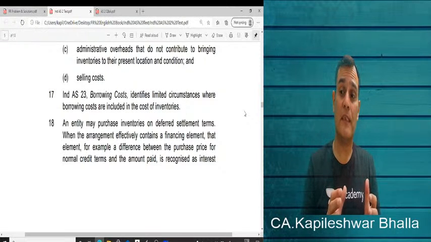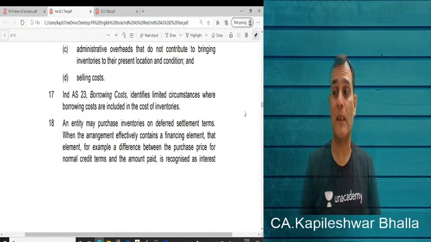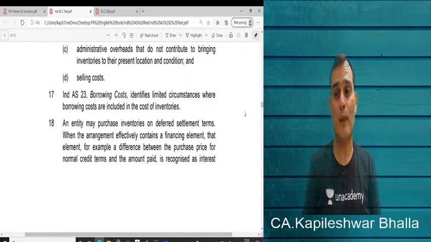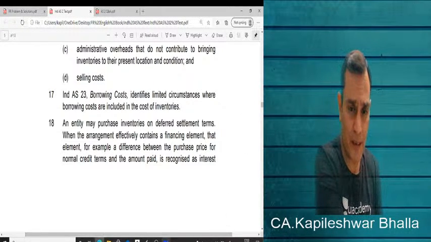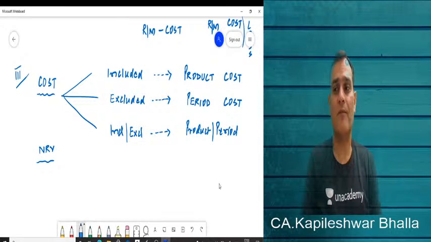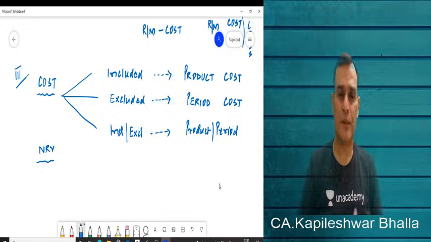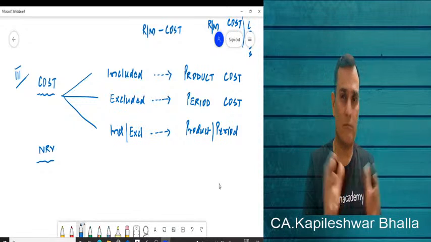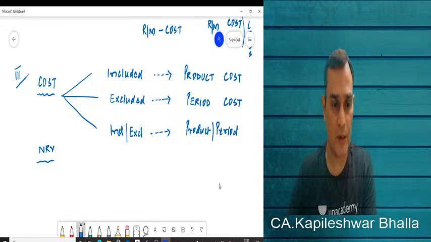So para number 17 is giving you inputs about that cost which may or may not be included in the inventory valuation. That was a little input about the concept of cost, where I've given you detailed inputs with reference to what is included. So we can say that what is included are three kinds of cost.